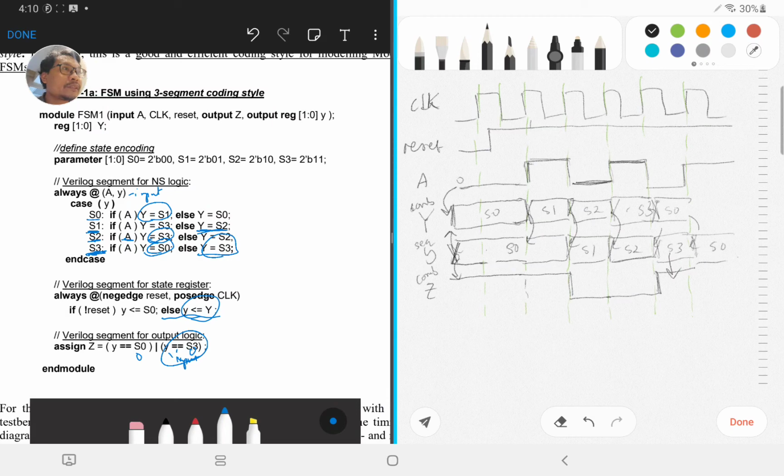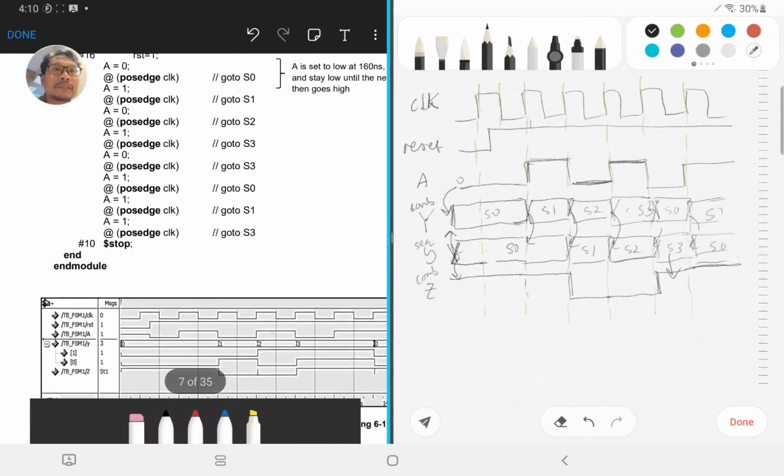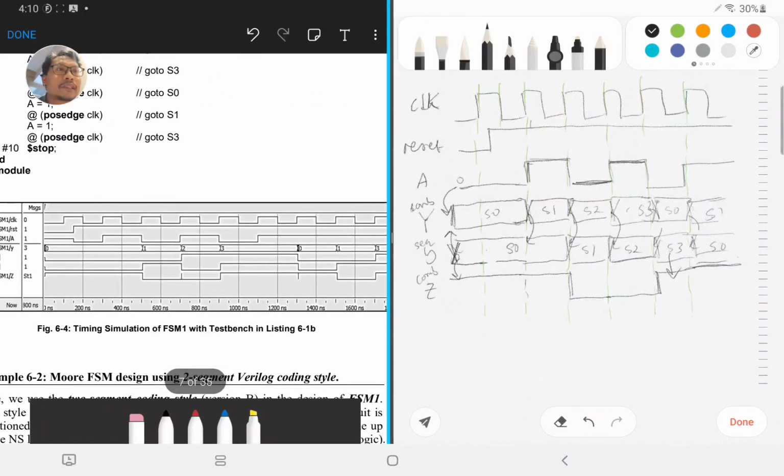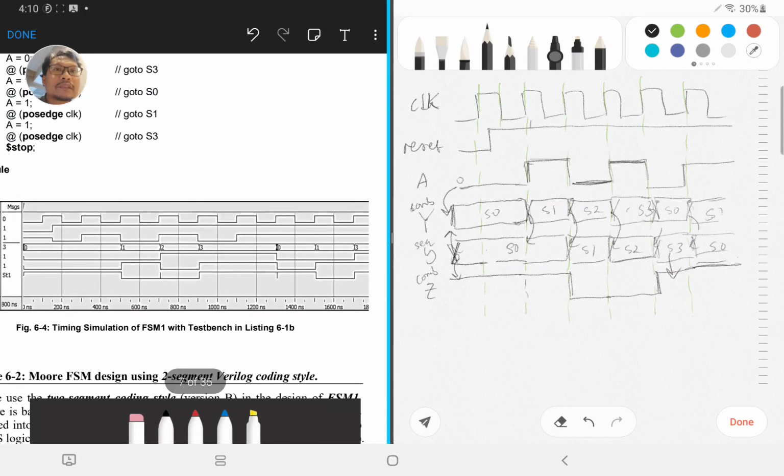Transfer S0 is going to go 1. S0 at 1 is going to go S1. So let's quickly check the solution down here. I think it should be correct. So S0, 1, 2, 3, and then back to 0, 1, 2, 3.